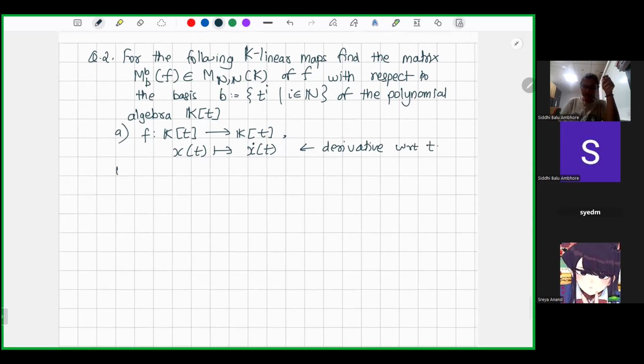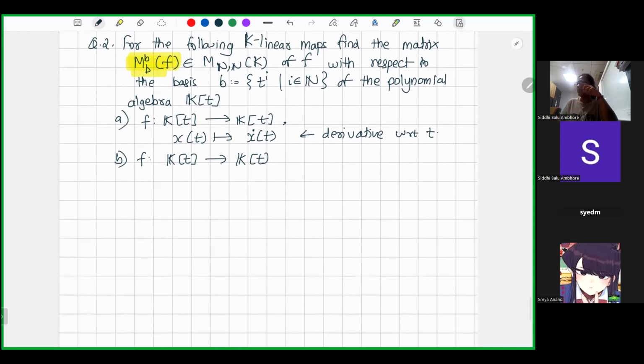Second, F is again from K[t] to K[t]. I will explain what this means, the matrix which they have asked us to calculate, and what this B to B means. But for now, that is the question.